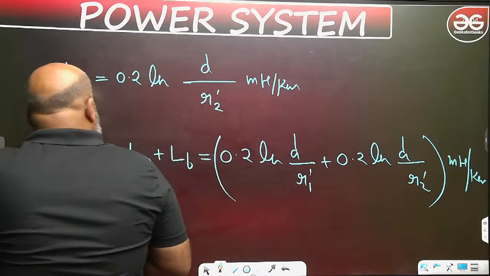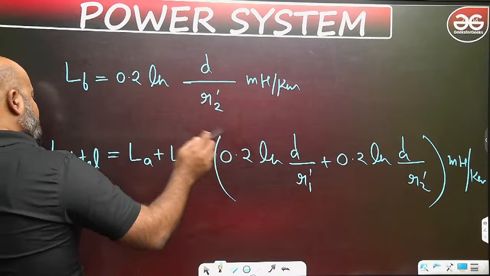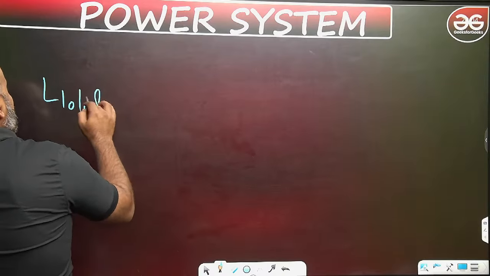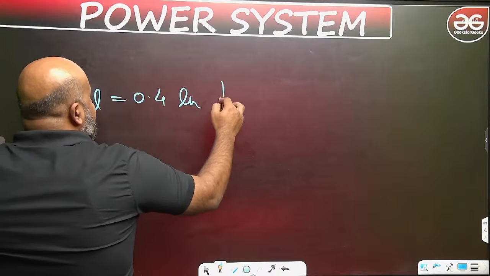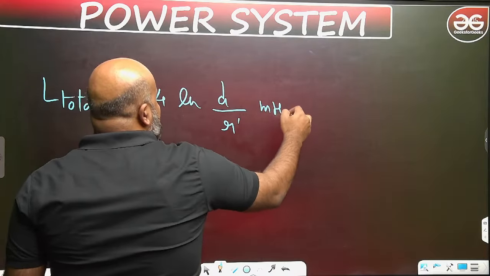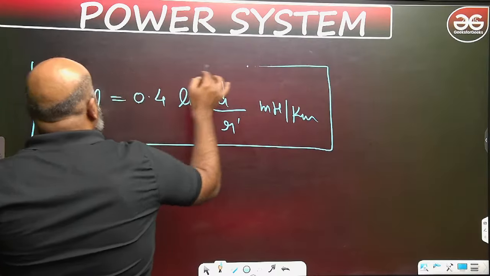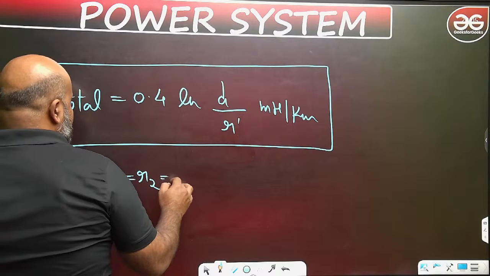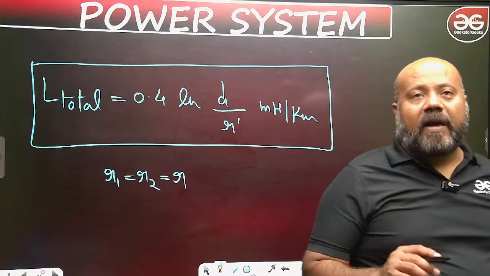Now suppose R1 and R2 are the same, then it will just add up. In that case, the total inductance you can directly write as 0.4 ln D upon R dash millihenry per kilometer, if R1 and R2 are the same and equal to R. This is the case for a single phase two-wire line.